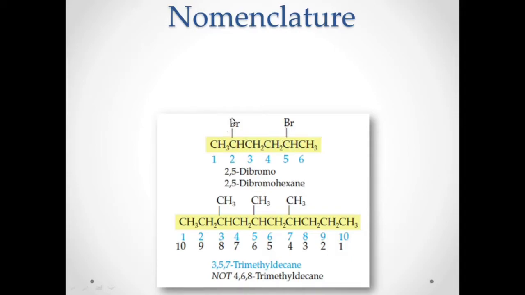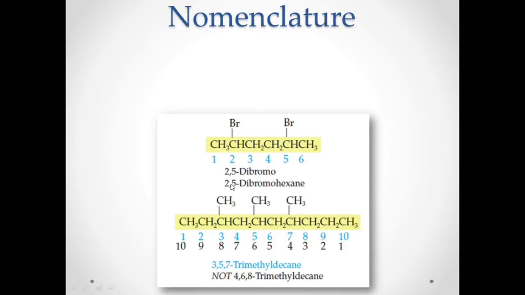Since they are the same substituent and there are only 2 of the same substituent, then you can use the prefix di pertaining to that substituent. Okay, so 2,5-dibromo, which pertains to the 2 bromos that are attached to your parent compound.